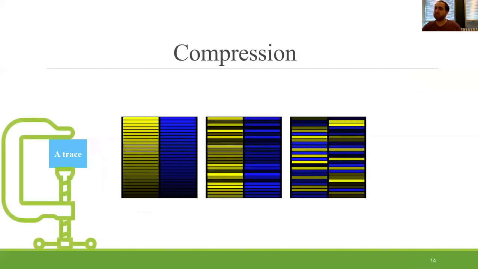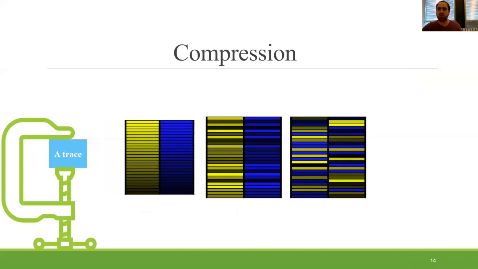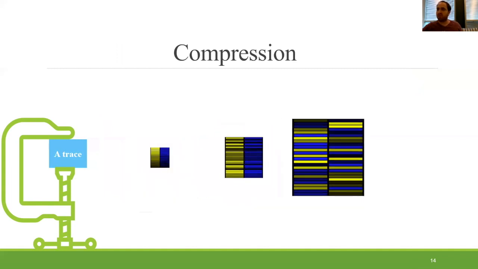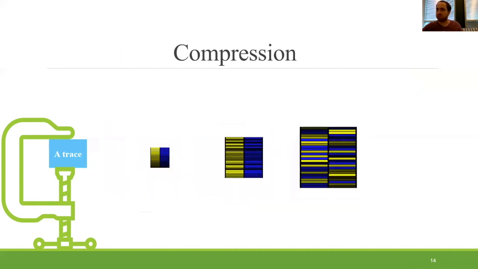So for the next step, we have compression. After randomization, we take each trace and we compress it individually using some common compression algorithms such as Lempel-Ziv.